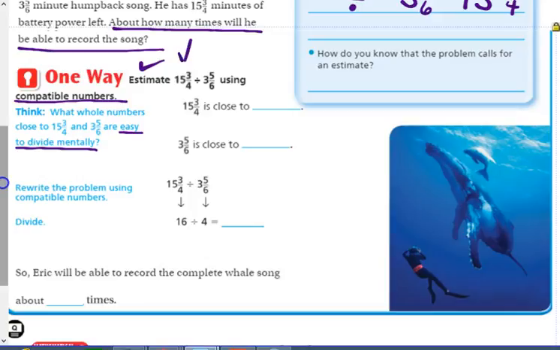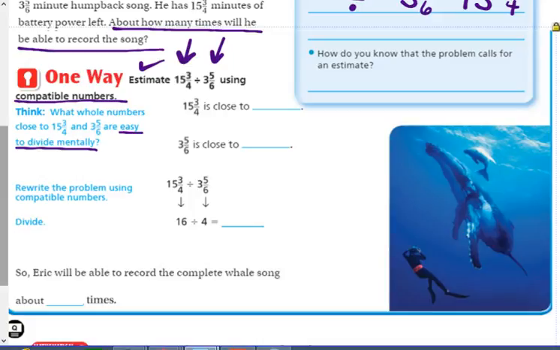Because if I was to really round 15 3/4, I'd round it to 16, right? And if I were to round 3 5/6, that's really close to 3 6/6, which is 4. So I could do 16 and 4 and divide, right? Or I could do 15 and 3 too.